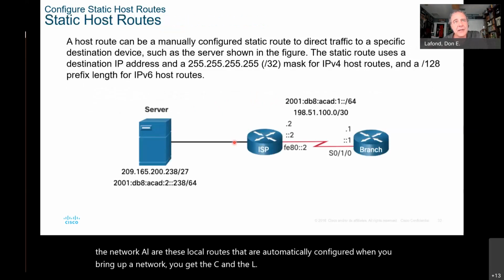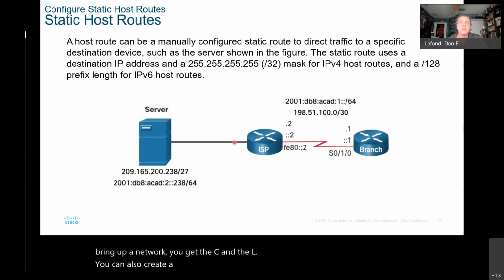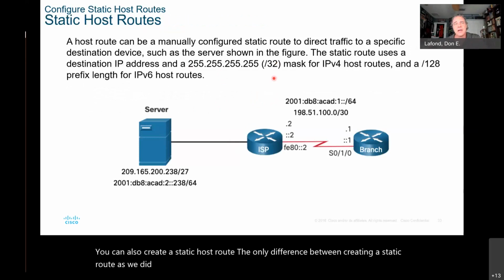You can also create a static host route. The only difference from creating a static route, as we did previously, is that you use a /32 or a /128 on that address.